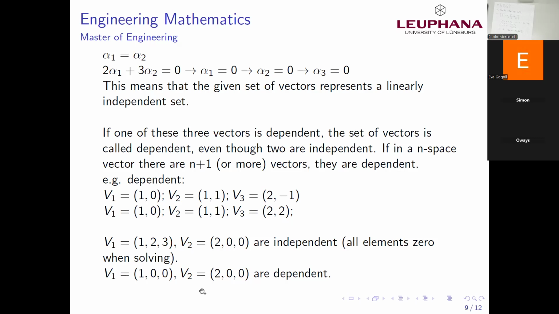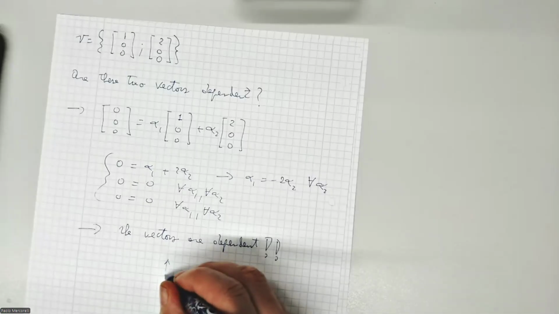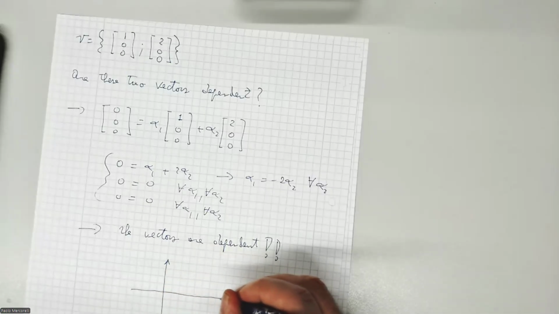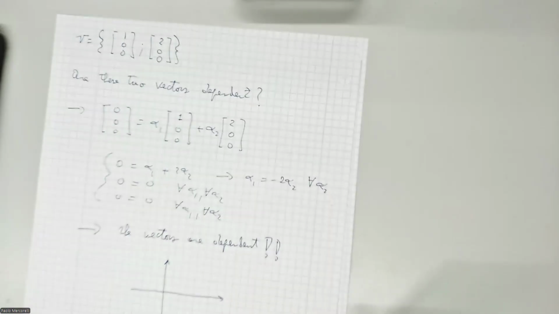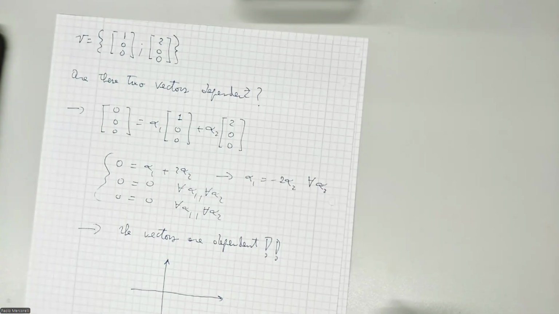I show you this intuitively. In 3 dimensions, it's difficult for me to draw. I don't know if it's clear that these two vectors lie in the same line.